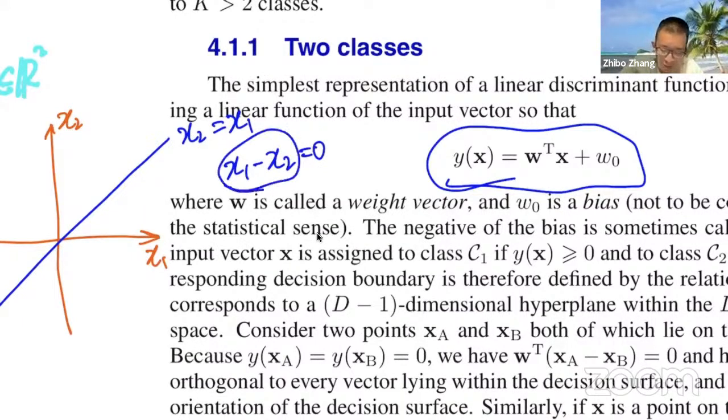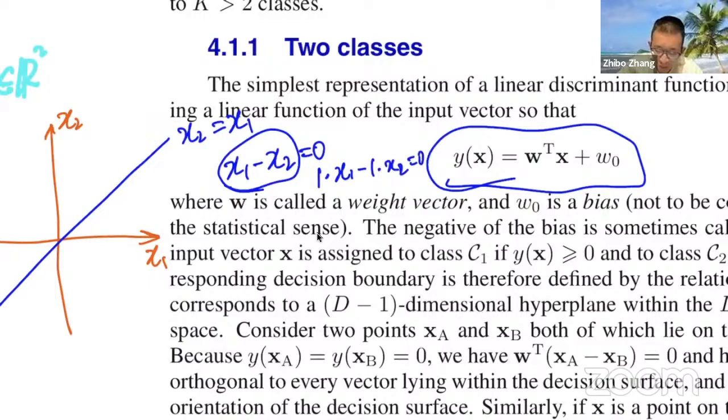And how do we write this in the vector form? It's going to be 1 times X1 minus 1 times X2 equals 0.